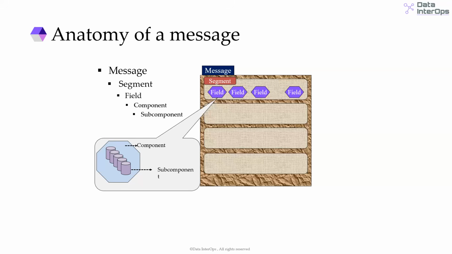And these segments are divided into fields. So there will be multiple segments in an HL7 message, and each segment is divided into fields. And then fields are further divided into components, and components are again divided into subcomponents. So that will be the hierarchical structure of any HL7 message.